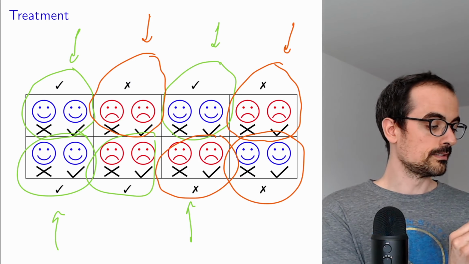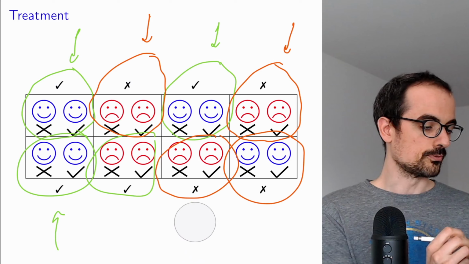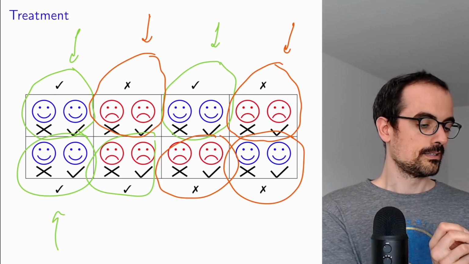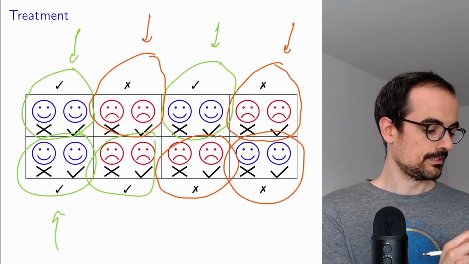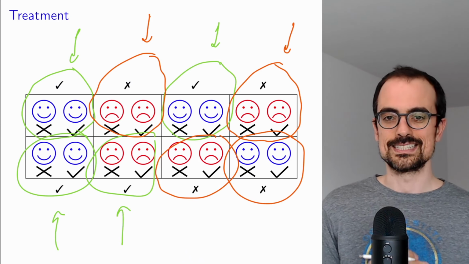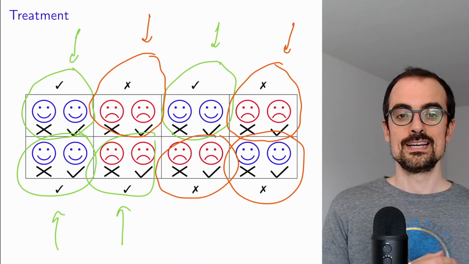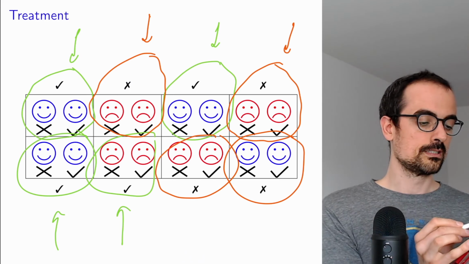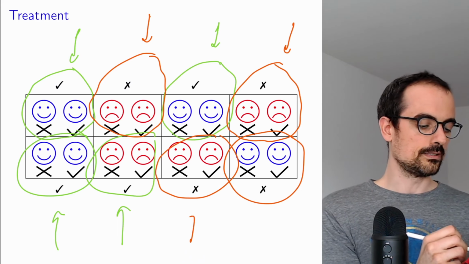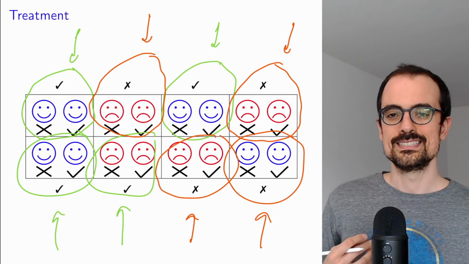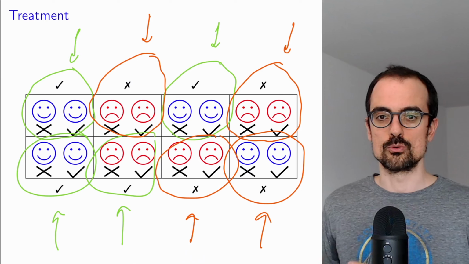Wait, I got confused there. Sorry, this was wrong. I was looking at this guy, okay? That guy was treated and they were going to not recover regardless. But the point stands. If you look at the people that were not treated, among those that includes more of the people that were not going to recover anyway.